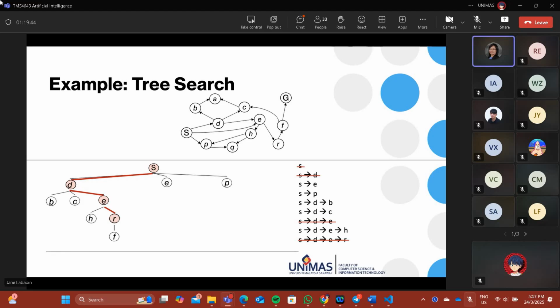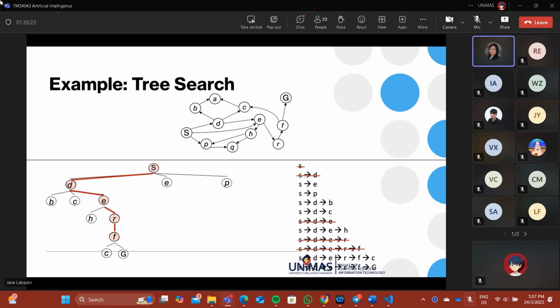And again, with R being expanded, then I have SDERF because there is only one node after R. Then when you reach F, F can be going to C or G. So you chose that because you expanded F already.